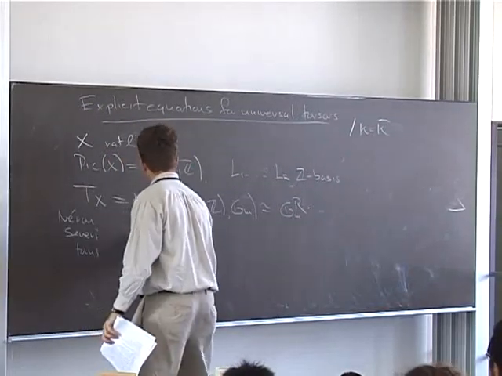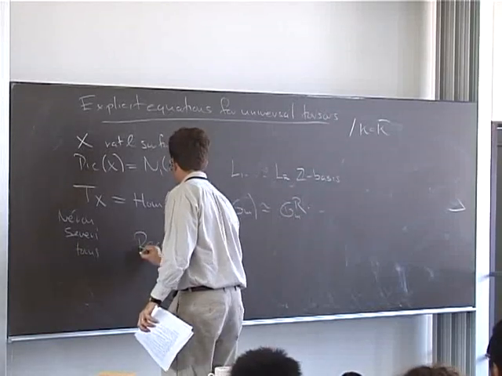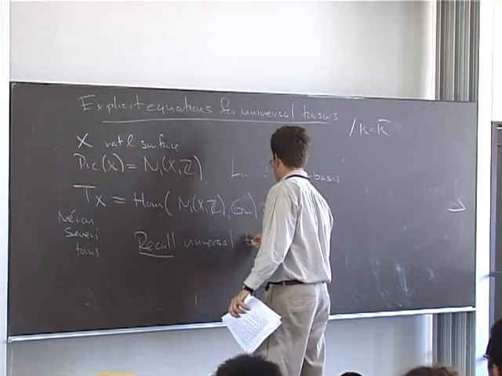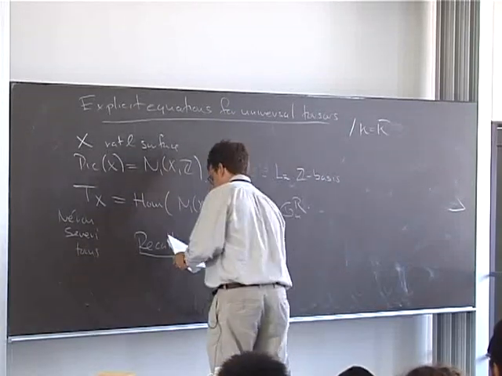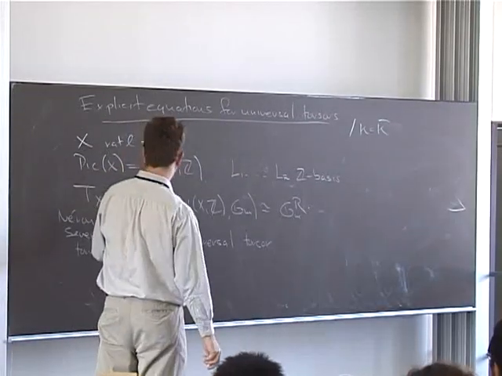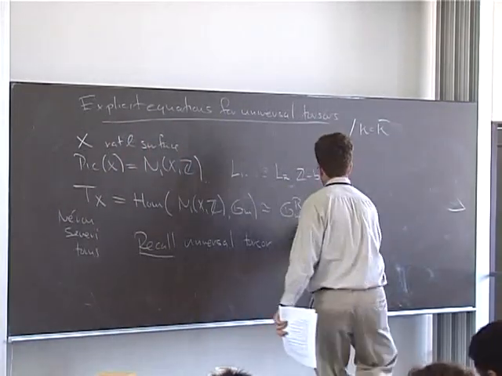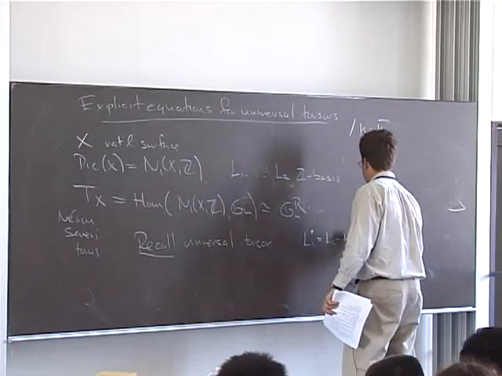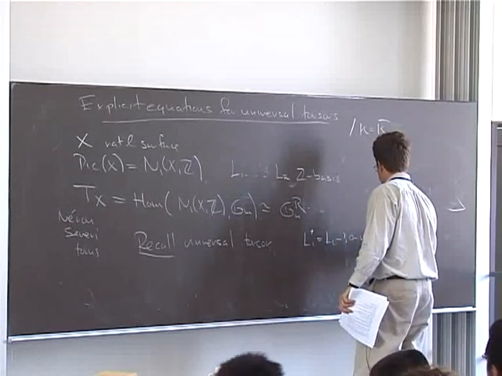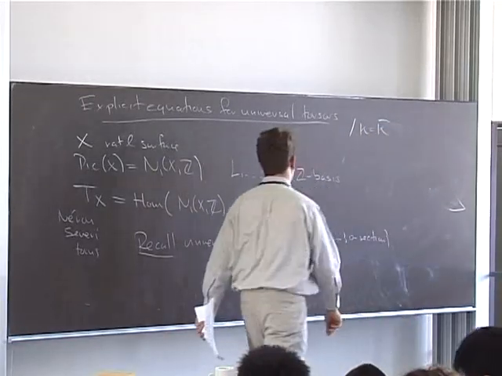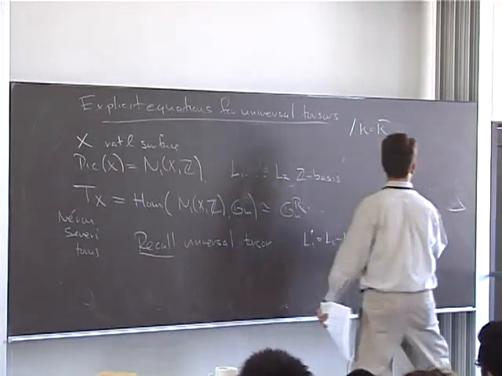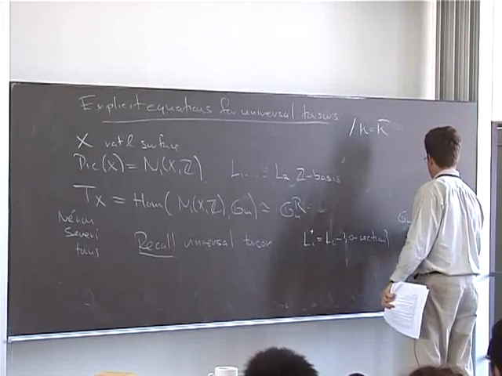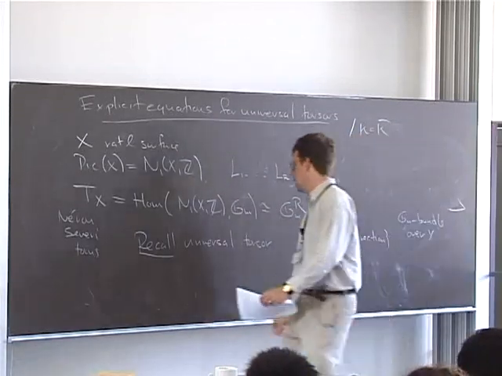And recall that we have the universal torsor, which is defined as follows. If I let Li star be Li minus the zero section, so this is a Gm bundle, a Gm principal bundle over X.